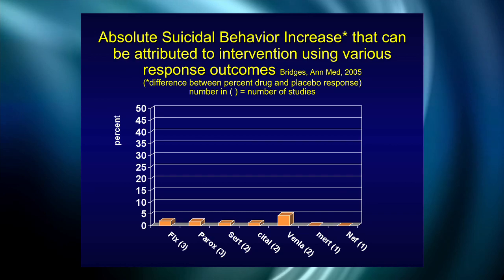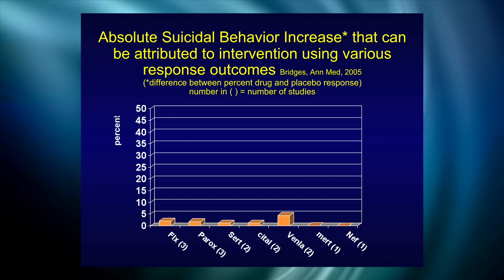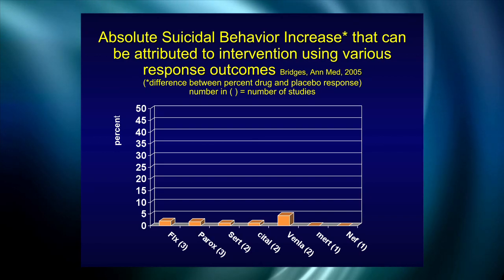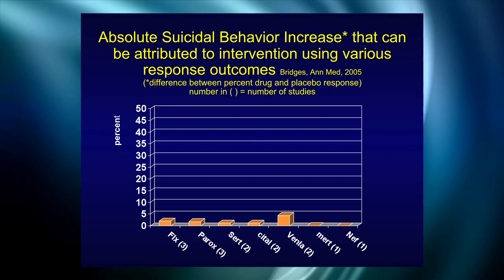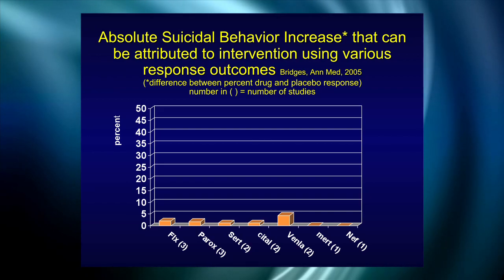So when the FDA did a meta-analysis of all of the various antidepressants to look at the question, is there more suicidality on antidepressants versus placebo, they came out with the fact that there really was a difference. It was a very small difference. But for the most part, it wasn't negligible.